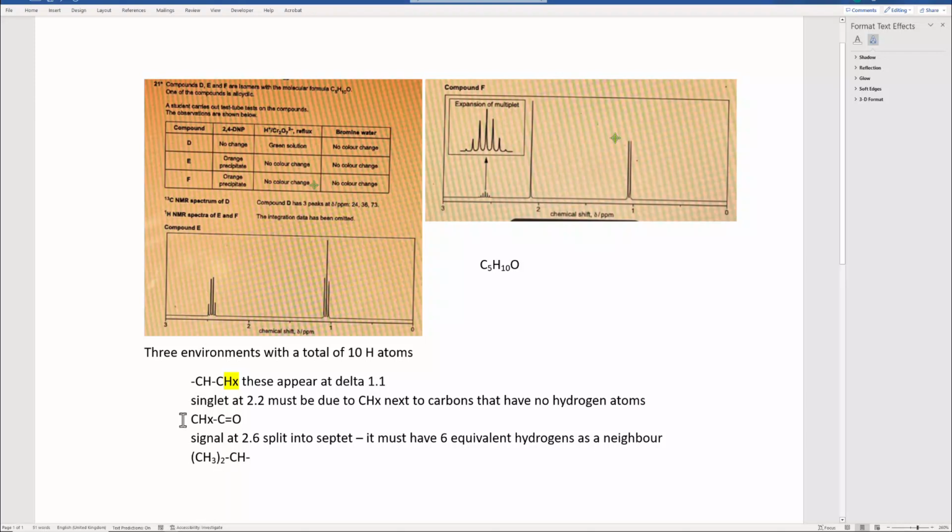So we put idea 1 here with idea 3, and you'll see we've got (CH3)2CH. Now what else have we got? Well, we've got a carbonyl, CO, attached to a CHX. Well, let's count up the hydrogens. We've used 3, 6, 7, so CHX, so X must be 3.